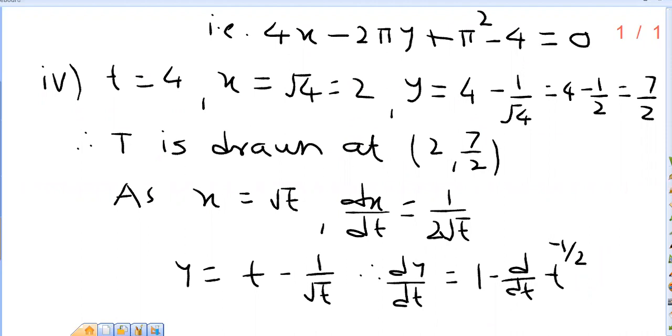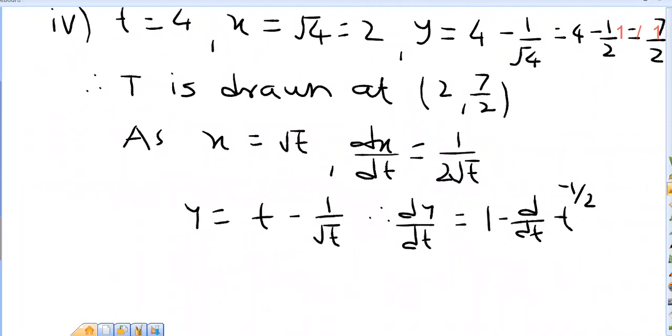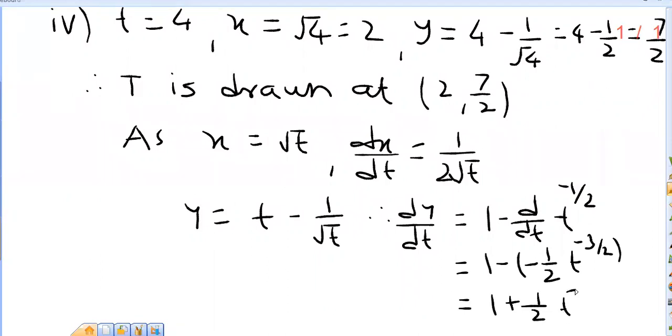What is derivative of t raised to minus half? Derivative of t raised to n is n t raised to n minus 1, so minus 3 by 2. I hope you are getting this. So 1 plus half t raised to minus 3 by 2 is nothing but dy dt.